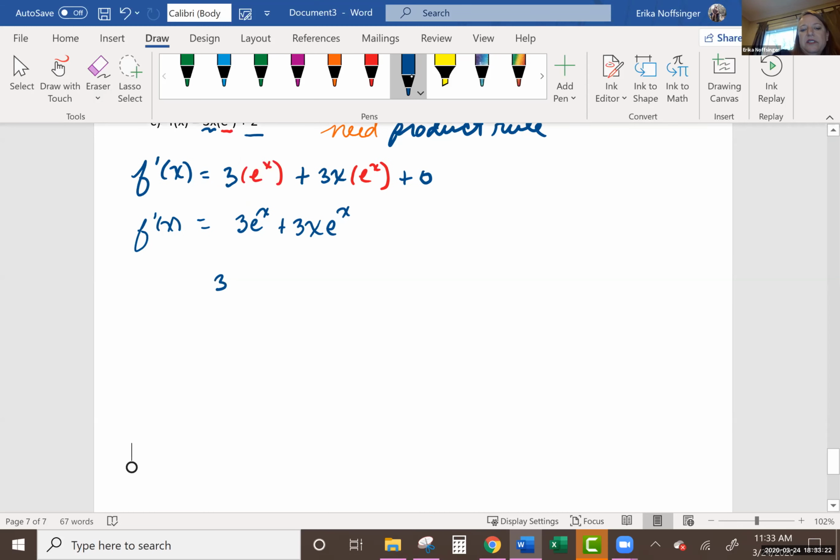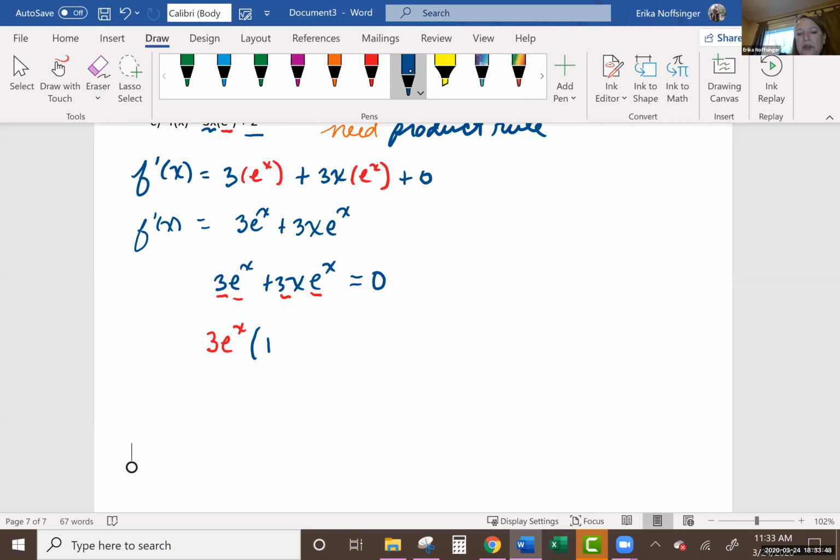Okay, so notice that we can factor this. We have something in common with both of those terms. We have a 3 in common with both terms, and we have an e to the x in common with both terms. And so we can pull a 3e to the x out of both of those. If I pull a 3e to the x out of the first term, I'm just left with a positive 1.